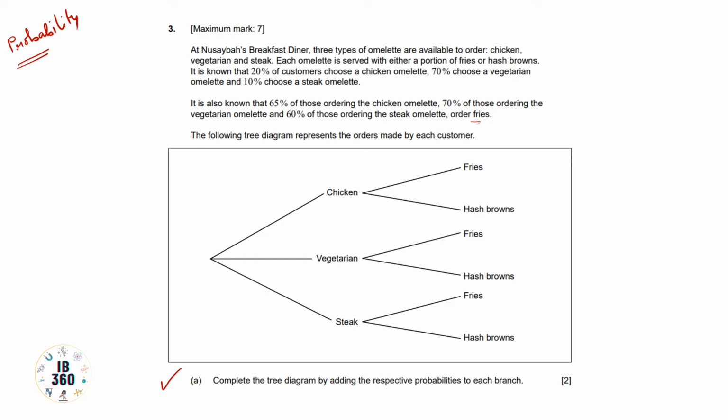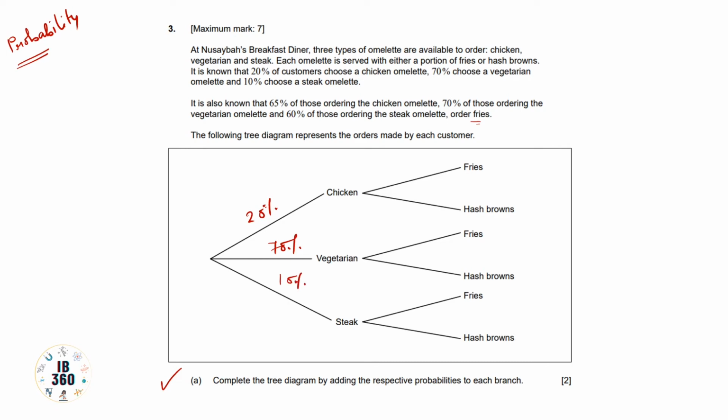It is a very simple question. From here you can get that 20% of customers choose chicken omelette, so here will be 20%. Now 70% choose vegetarian omelette, so here will be 70%, and 10% choose a steak omelette.